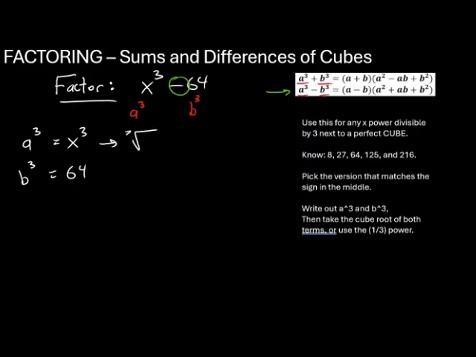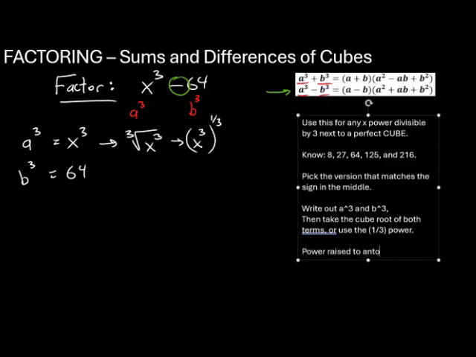So if we take the cube root of x to the third, that is the same thing as saying x to the third raised to the 1/3 power. Now, anytime that you have a power raised to another power, we will multiply the exponents. Therefore, our new power will be 3 multiplied by 1/3.